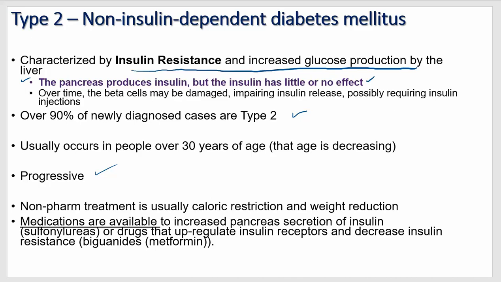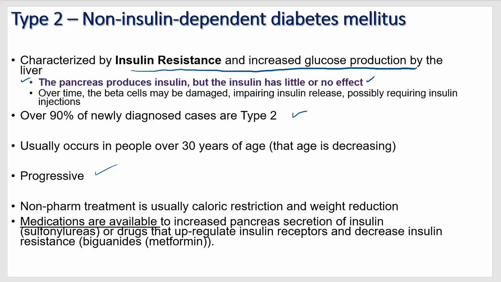Okay, so if you start getting into those bad habits of high glucose or high carbohydrate diets again, then you will again start showing the symptoms of type 2 diabetes. So you need to keep that caloric restriction and the weight down. Medications are available to increase pancreas secretion of insulin. An example of those are sulfonylureas, which increase the release of insulin.